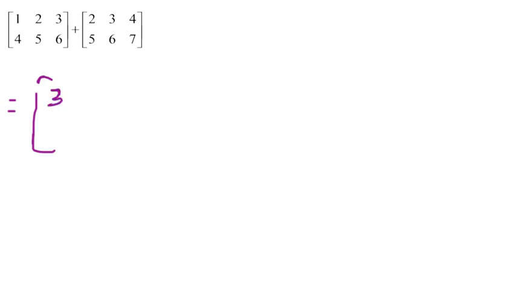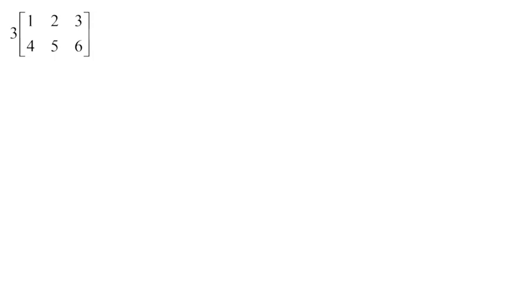And then we go to the next entry, 2 plus 3 would give us 5. 3 plus 4, 7. 4 plus 5, 9. 5 plus 6, 11. And 6 plus 7, 13. So adding or subtracting 2 matrices, pretty straightforward.